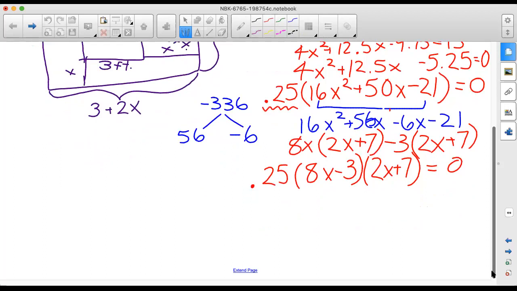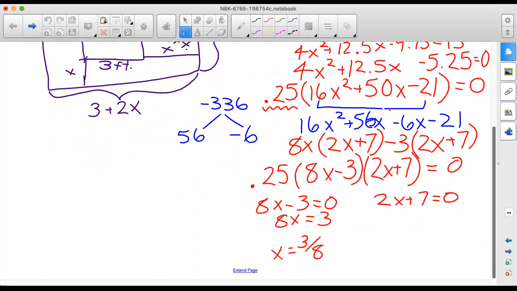Using zero product property, we can set each of these factors equal to 0. When we do that, we'll add that 3 over. x equals 3/8. Subtract the 7 over, and we get x equals negative 7/2.